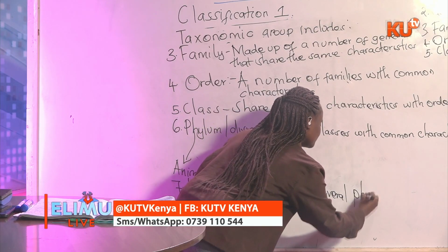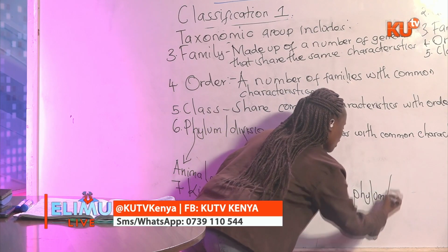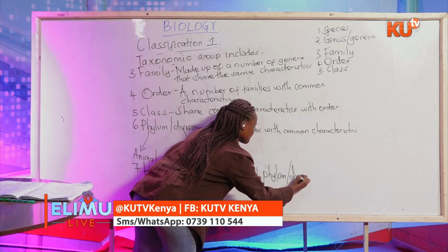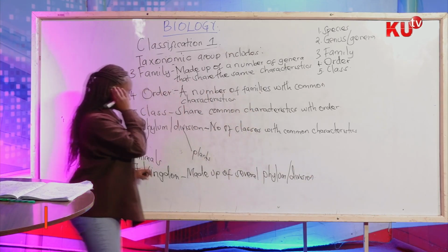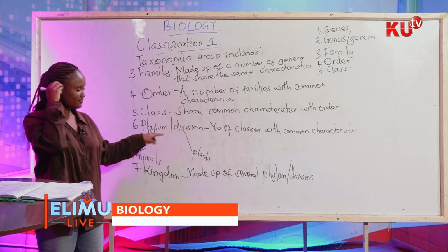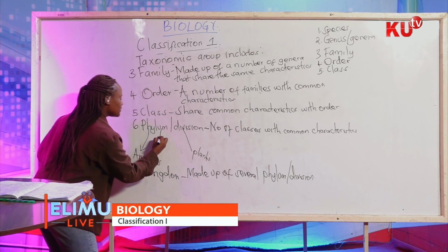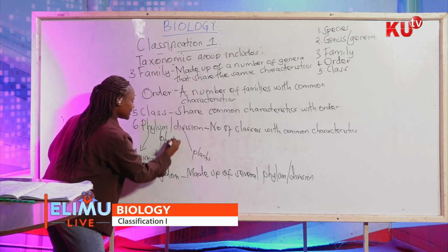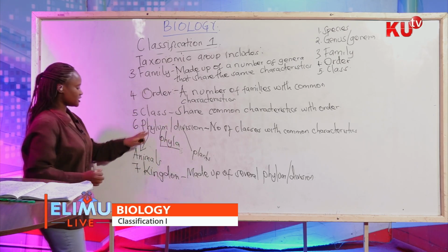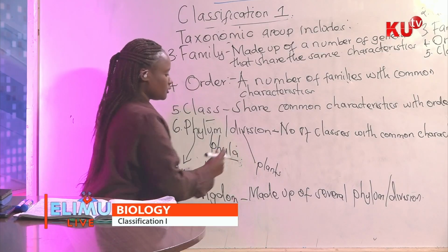Division happens in plants, and phylum is for animals. In plural, we have phyla. So this is singular, this is plural.